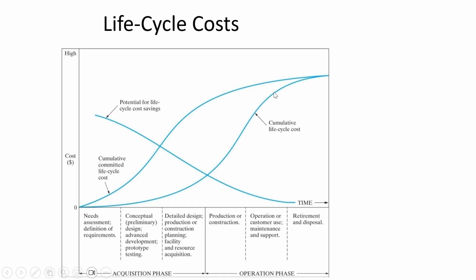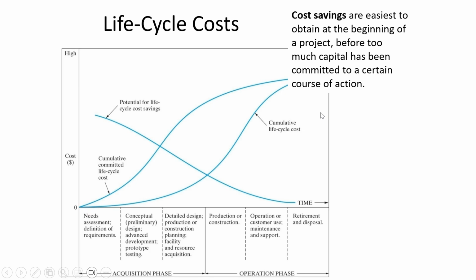And from here on out, there's just heating, cooling, cleaning, operational expenses, which are a smaller fraction of it. So the cost savings are easiest to obtain early on, and the longer you wait to make difficult decisions, the less money you're going to be able to save.